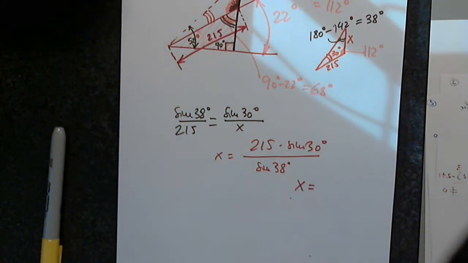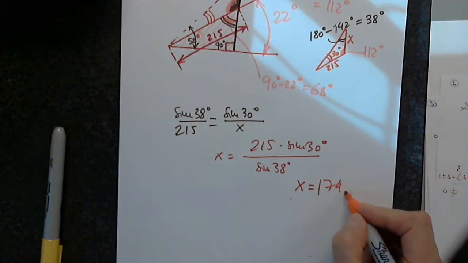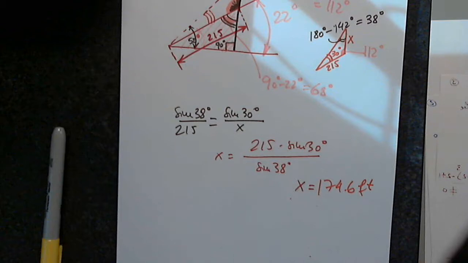So how much is x, or the height of the tree, in feet? I got 174.6. Very possible. 174.6 feet.